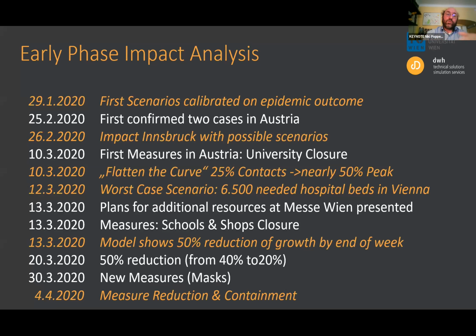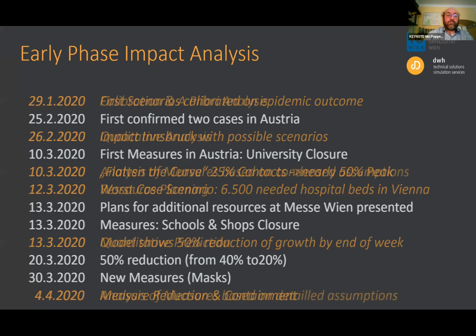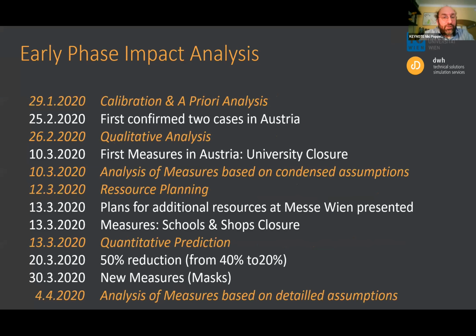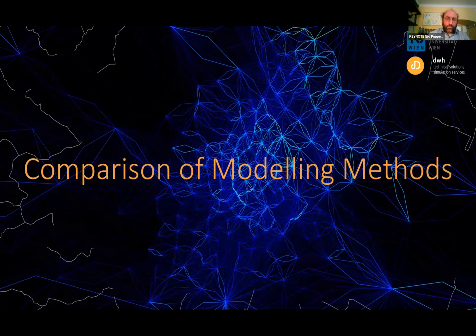So we started with very little information, continuing with additional data sets and so on, and used the model step by step for different research questions. So starting from the calibration and the a priori analysis, up to resource planning, and at the end the analysis of measures based on pretty detailed assumptions.